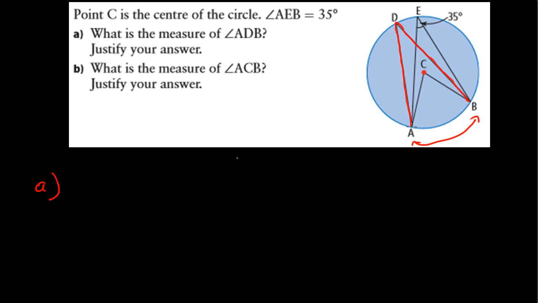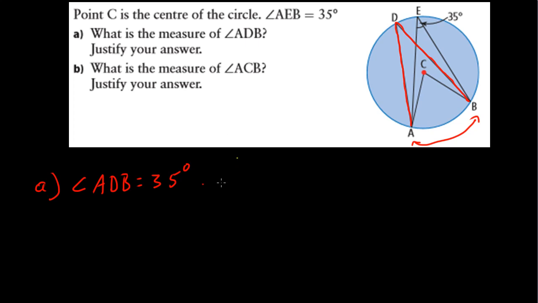The inscribed angle AEB covers arc AB, but ADB also covers that same arc. For that reason, angle ADB is going to be equal to AEB because they cover the same arc.